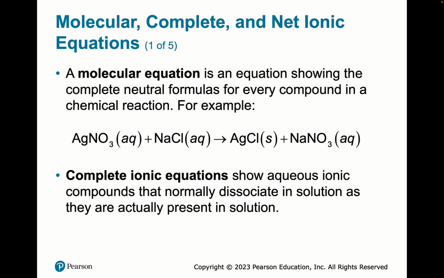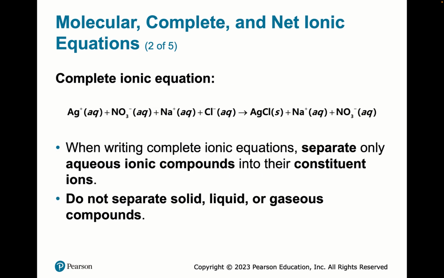Now let's do the complete ionic equation. In the complete ionic equation, we take all the species and break them apart into the different ions. So the silver nitrate becomes silver ion, aqueous, nitrate anion, also aqueous, plus sodium ion, aqueous, and chloride anion, aqueous. And this yields silver chloride solid, but still on the product side are sodium ion aqueous and nitrate anion aqueous.